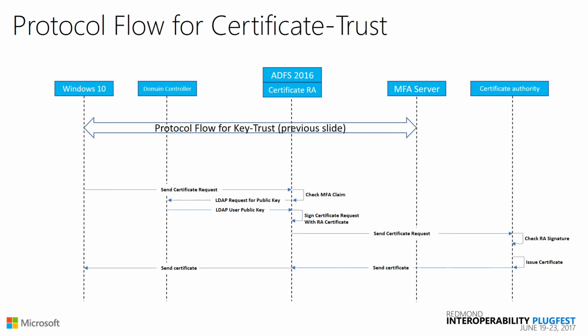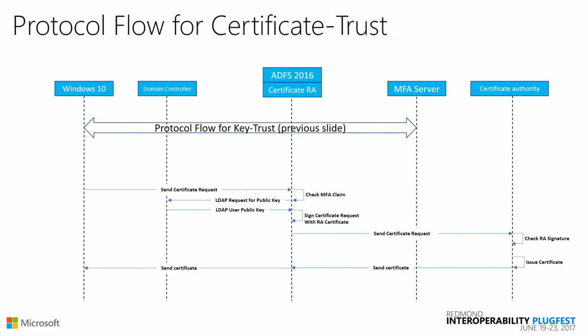We will get the public key, and then we will send that public key to the certification authority so that we can get a certificate, because a certificate is nothing but a public key wrapped around with a lot of other information. The certificate is signed by the certificate registration agent, so the certificate authority knows that it is coming from a reliable source.